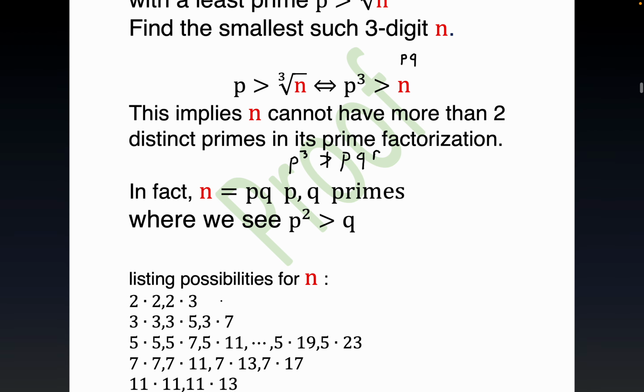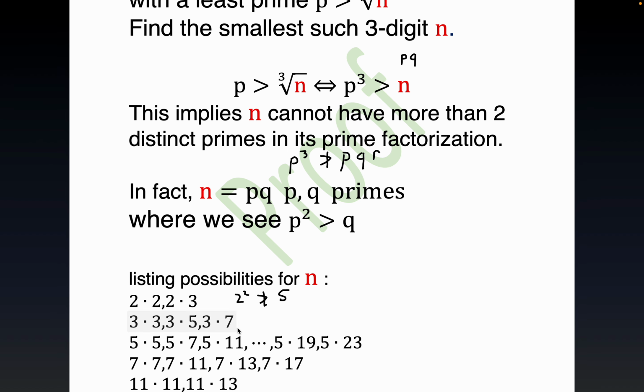And that's exactly what I did right here. Notice that 2 times 5 can't be in the list because 2 squared is not greater than 5. You see that thinking here, folks? We have to avoid that. 2 squared is not greater than 5, so we had to stop at 2 times 3. Now again, we're looking for elements in this list.